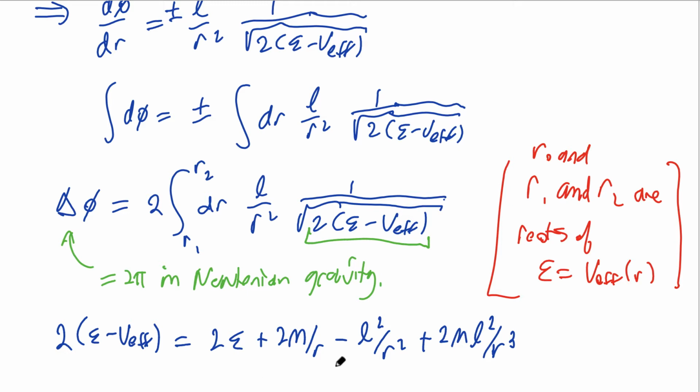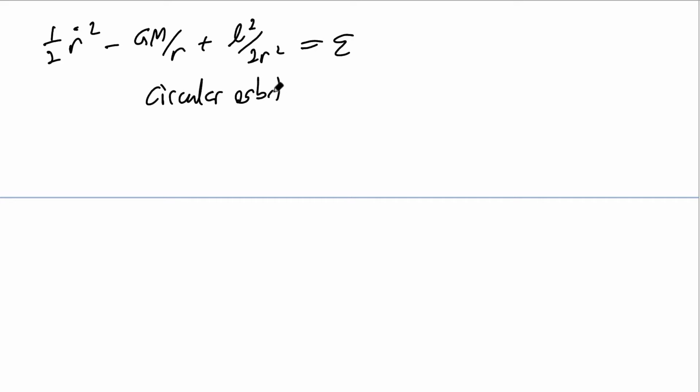So to do that, let's return to the Newtonian case for a moment, where the energy equation is 1/2 r dot squared minus GM over r plus L squared over 2r squared equals the energy per unit mass E. And now we're going to consider circular orbits, since we know the planets follow approximately circular orbits.